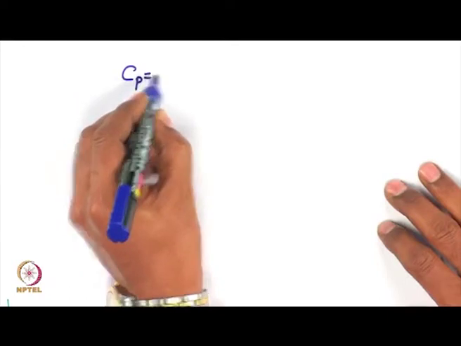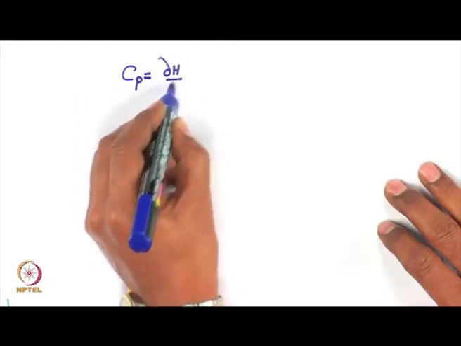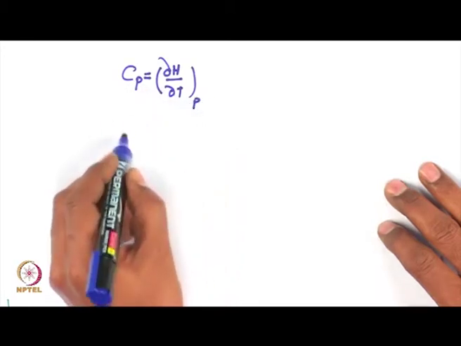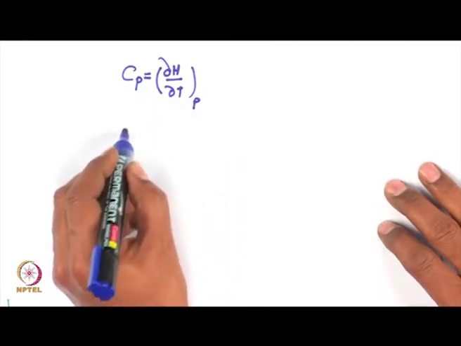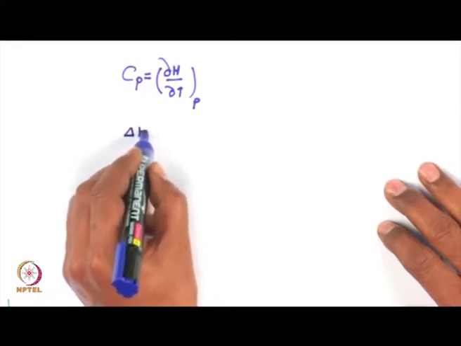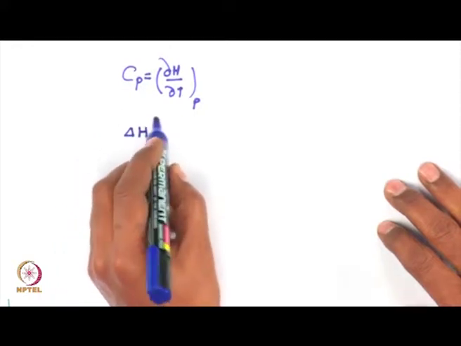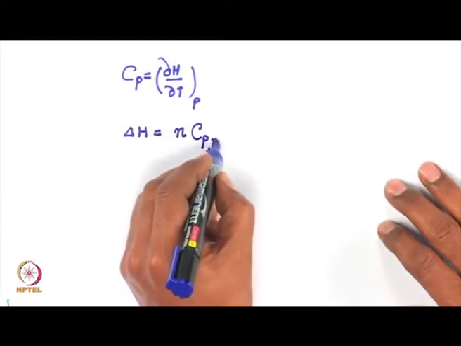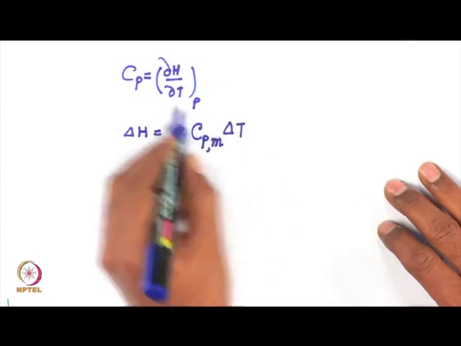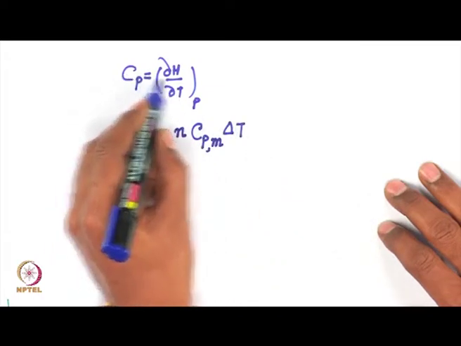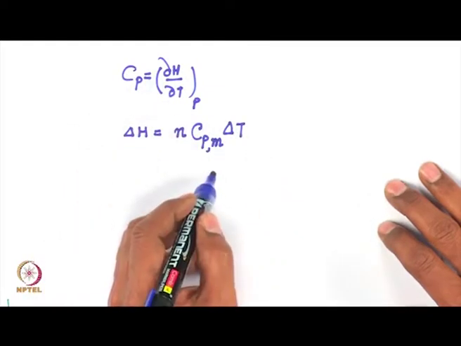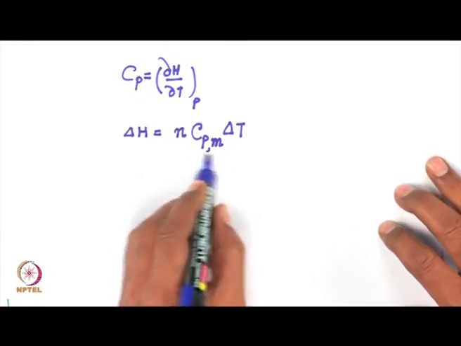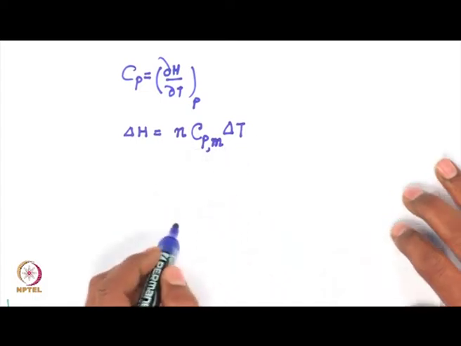Cp is equal to dou H by dou T at constant pressure. So, delta H is equal to N times Cpm into delta T. If I take dT to the other side, integrate and treat heat capacity at constant pressure as a constant quantity, meaning independent of temperature, then I can write this equation.